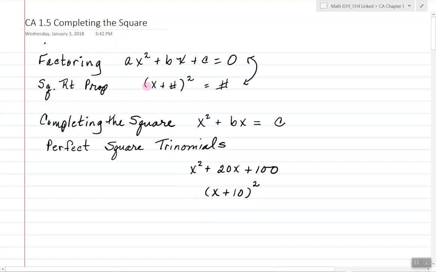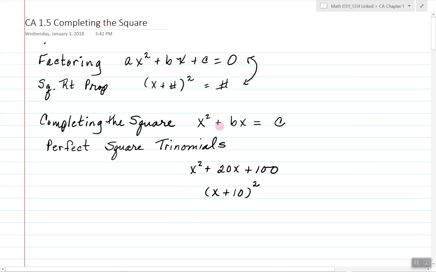So our goal is going to be to turn the left-hand side of a quadratic equation, that starts out looking like this, so it becomes a perfect square trinomial.